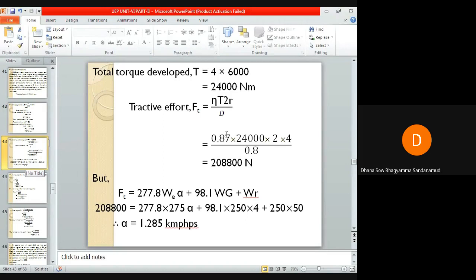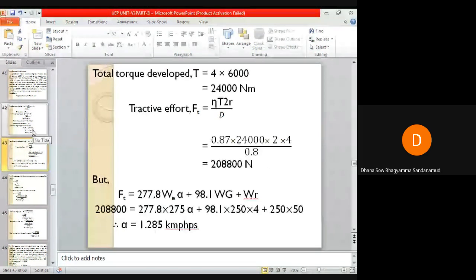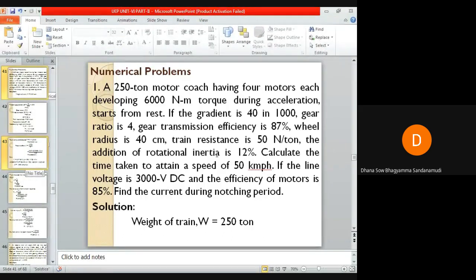So efficiency is 87%, and the total torque developed that you have just calculated is 24,000. So 24,000 into 2 into R. What is R? R is the gear ratio. Gear ratio is 4.